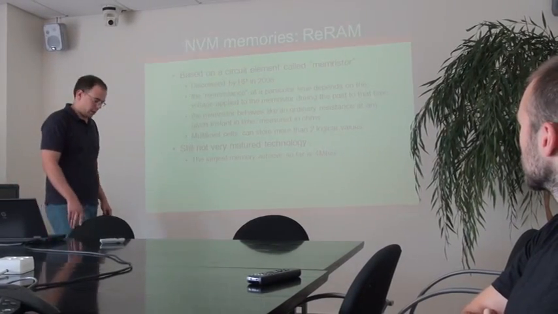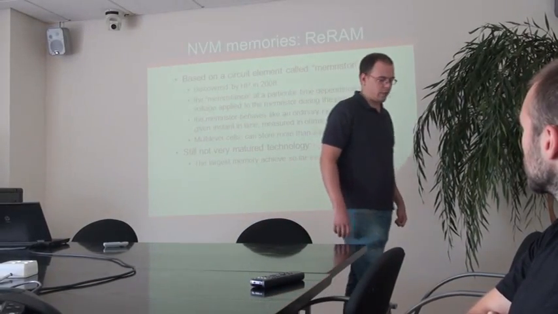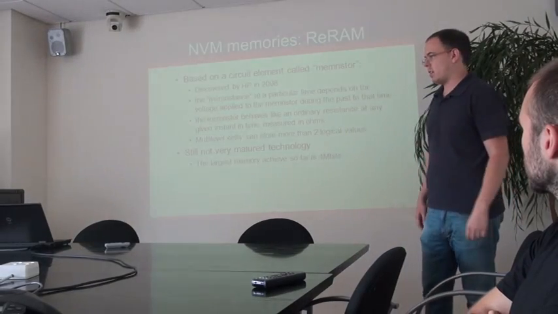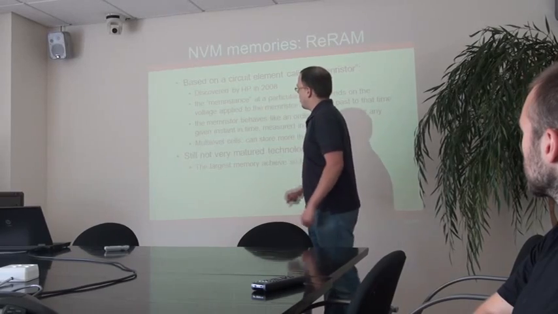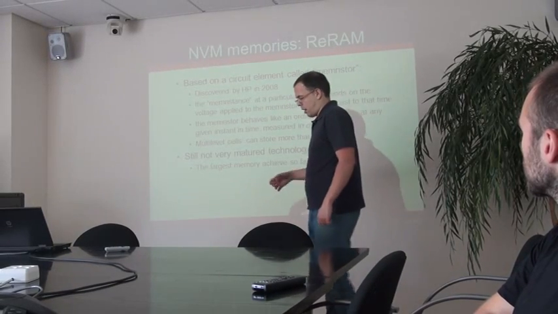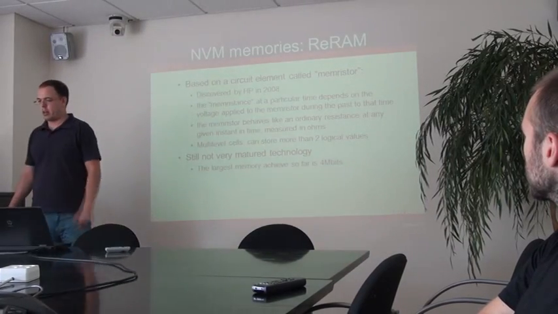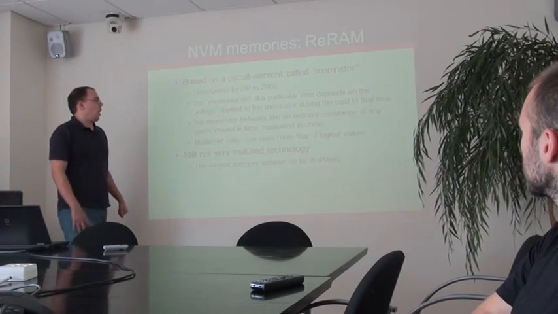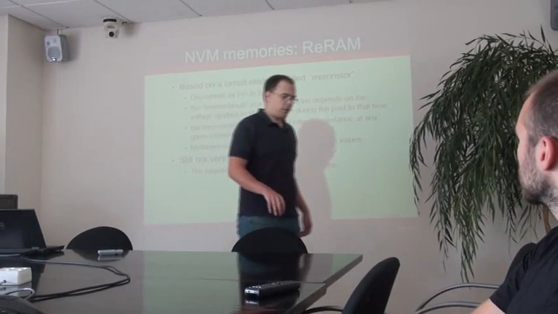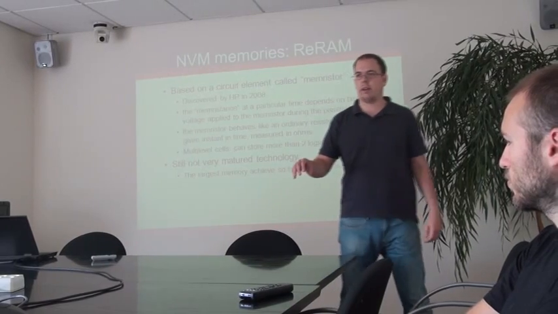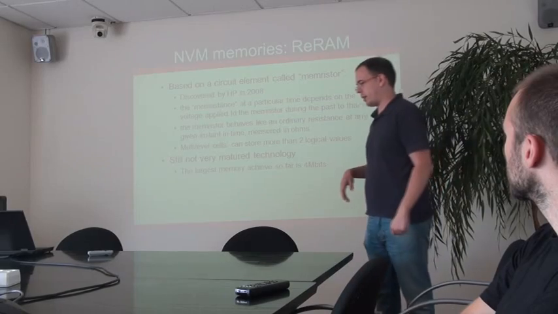Resistive RAM is a novel technology that is based on a recent discovery by Hewlett-Packard of a circuit element which they call memristor. This element was predicted in the 60s, but it was discovered in 2008. A memristor is basically a resistance whose value depends on the history of the current that has passed through it in the past.